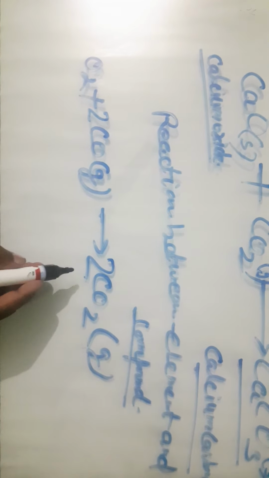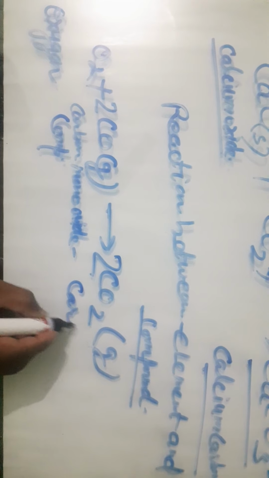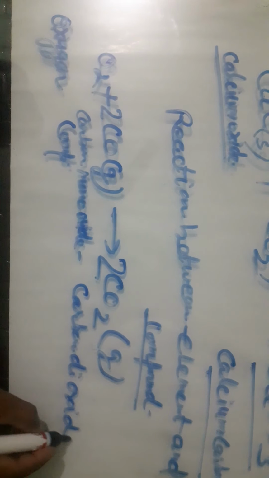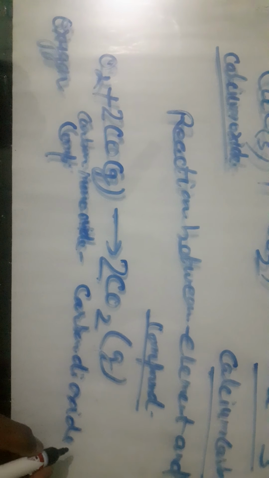So this is oxygen, an element, and carbon monoxide, a compound, to form carbon dioxide gas.